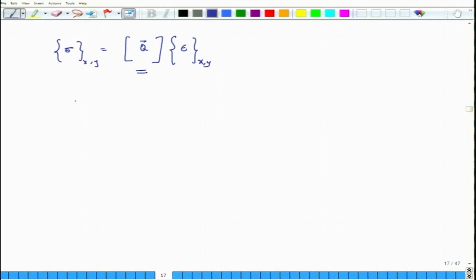Similarly, we can also calculate strain in terms of an S bar matrix and the stress vector sigma xy. Okay. And how do we do that?